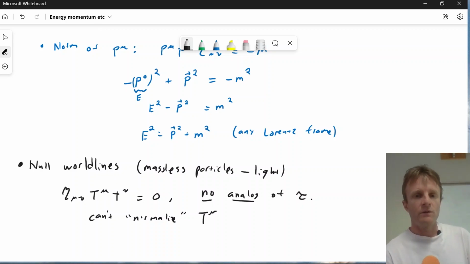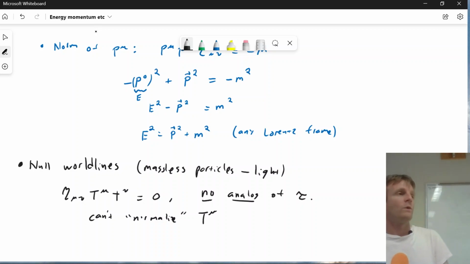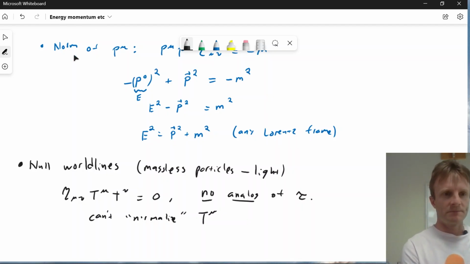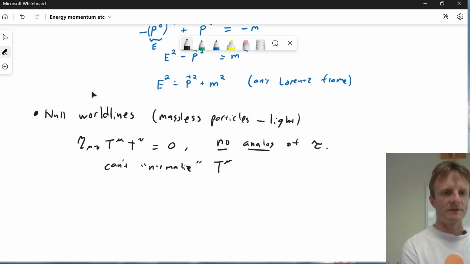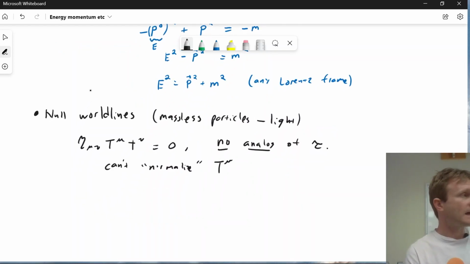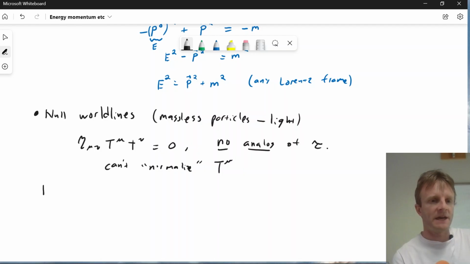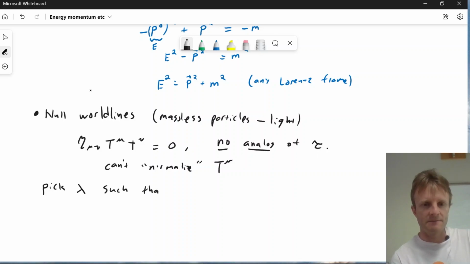Now, you still often, when you deal with light, want to use a parameter, but you can't think of it as a normalization condition. You want to use a preferred parameter. And so instead, we often just pick lambda such that we have the same interpretation.